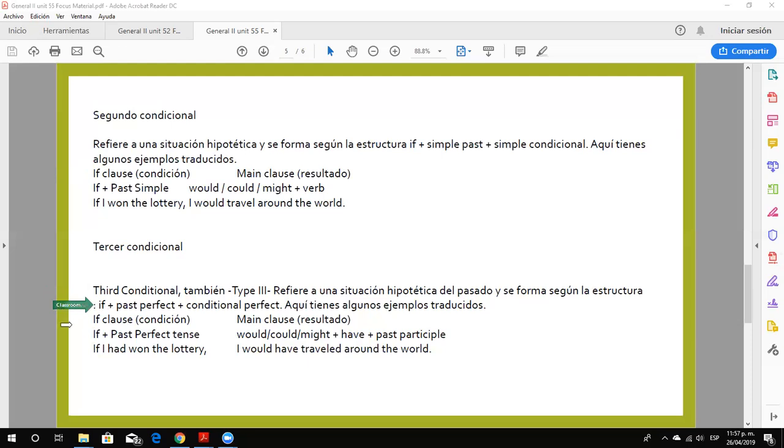Here we have some translated exercises, but first of all, the structure. If clause or condition and main clause or result. If plus past perfect tense plus would, could, might have plus past participle. Example: if I had won the lottery, I would have traveled around the world.